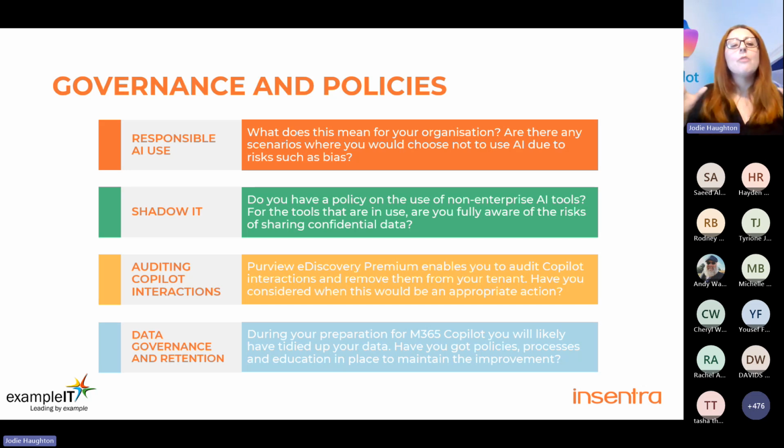So from this organisational level, you've got to look at responsible AI usage. So what does responsible mean for your organisation? Are there certain scenarios where you don't want people to use AI at all? Now, we've got to remember these large language models are trained on huge amounts of data, but history books are always written by the winners.